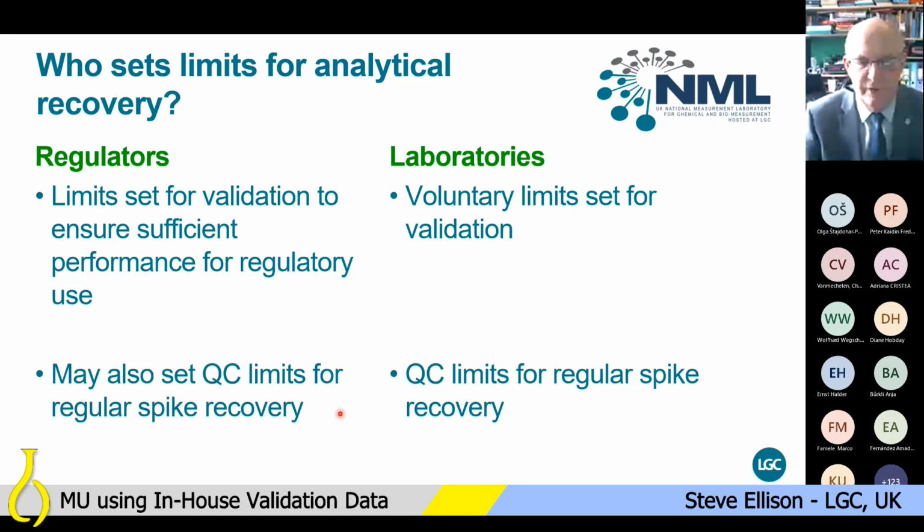You do one spike recovery, check whether that's within the permitted range, and that allows you to proceed. And that's over and above any quality control that you might have in place yourself. Laboratories, of course, can set voluntary limits or QC limits themselves, but typically the ones we're most concerned about are the ones set by regulators. All right, we've got limits for something. We've got permitted limits. We know that laboratories that pass these checks will be undertaking measurements.